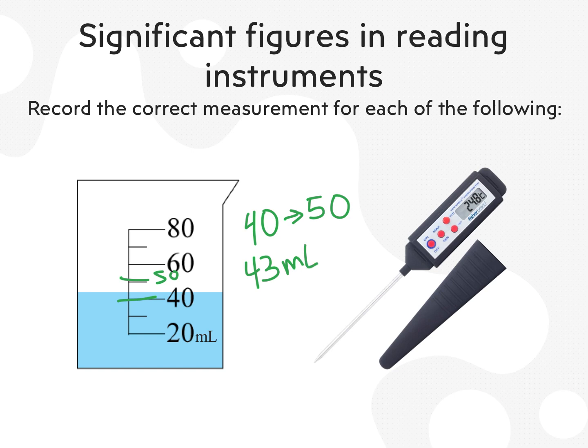But if you said 42 milliliters, that's totally fine. Or if you said 44 milliliters, that's also totally fine, as long as you have one and only one place past what the instrument gives. But what if it's a digital thermometer? It says 24.8 degrees Celsius. Then the answer is 24.8 degrees Celsius. No guessing, it just is exactly what it is.